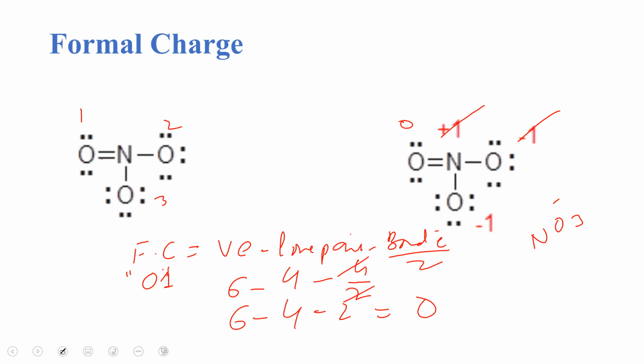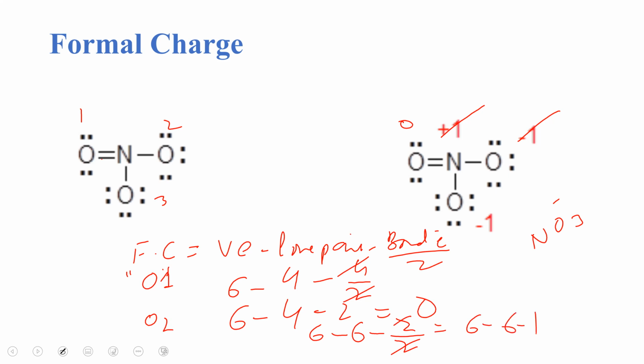Now we can do the calculation for oxygen number 2, right? For this, you have 6 valence electrons minus the lone pairs, or non-bonding electrons, which are 2, 4, and 6. So 6 minus 6, minus the bonding electrons, 2 by 2, which is 1.